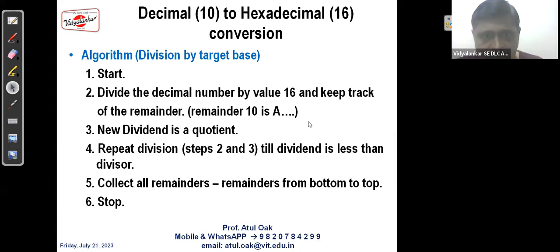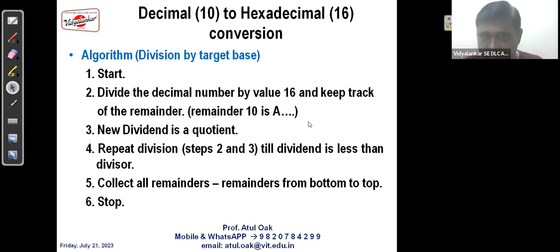There is one question I can see in the chat box. Yes, in this particular chapter, most of the concepts are numerical based. So nobody will ask you theory, like how you convert binary into decimal.